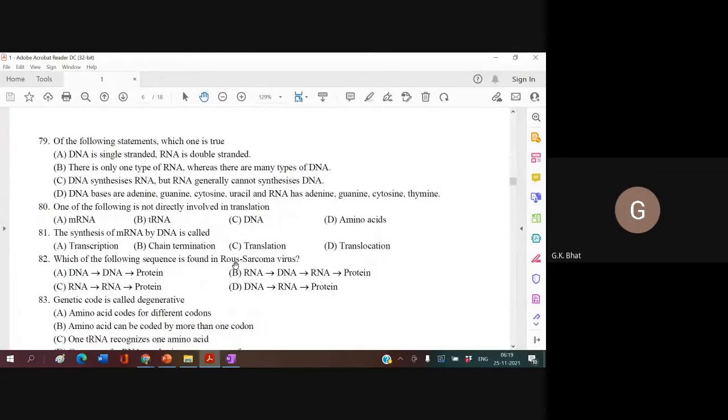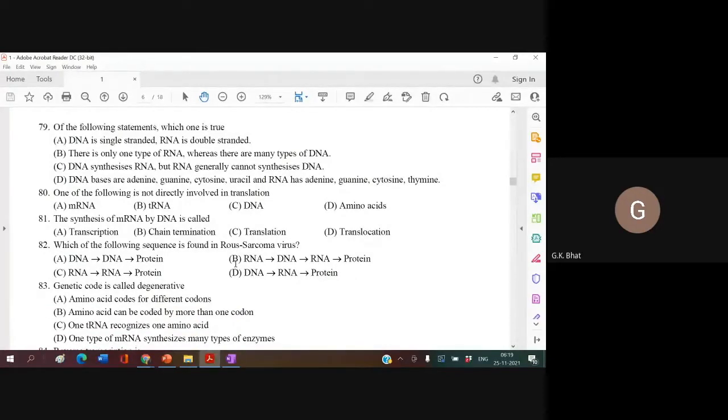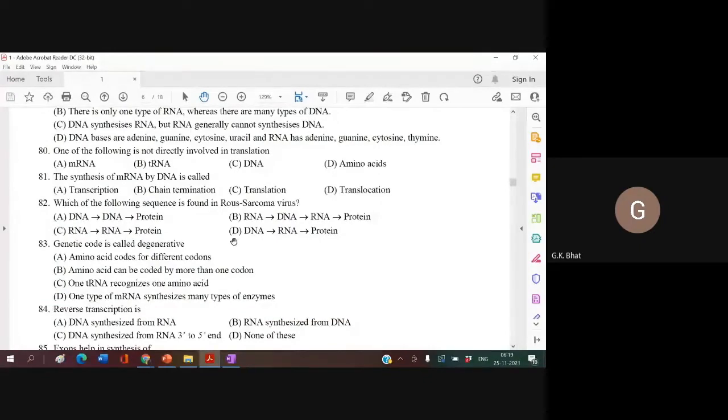Kavita. Yes, sir. 79. C. 80. Siddesh. DNA. C. One of the following is not directly involved in translation.